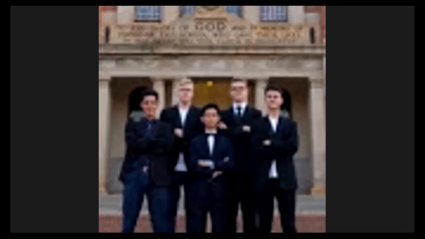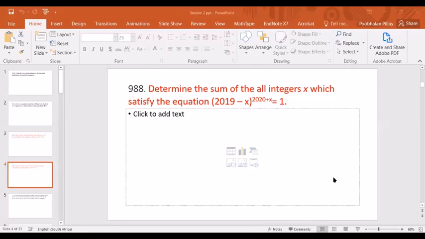If you look at the problem, to get 1 at the end, there are basically 3 ways to do that. Base of 1, base of negative 1 with an even power, and any base to the power of 0. So to get 1 as the base, you use 2018 as your first solution.